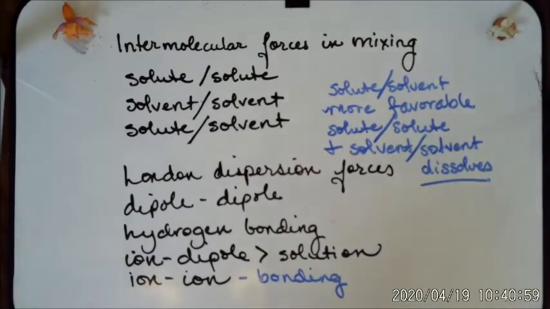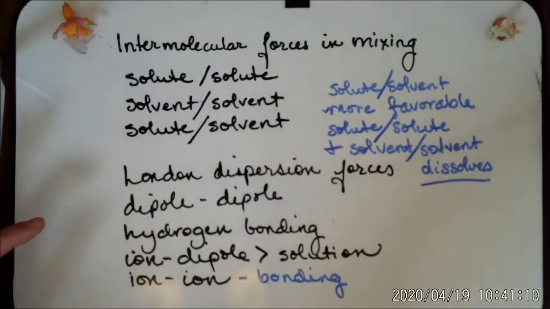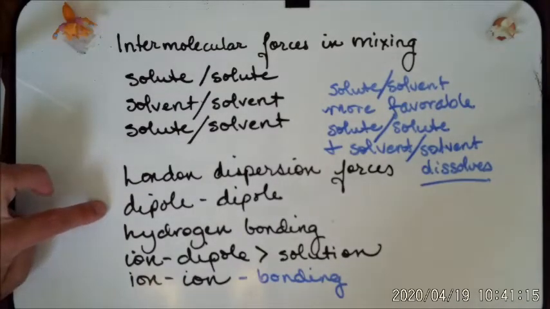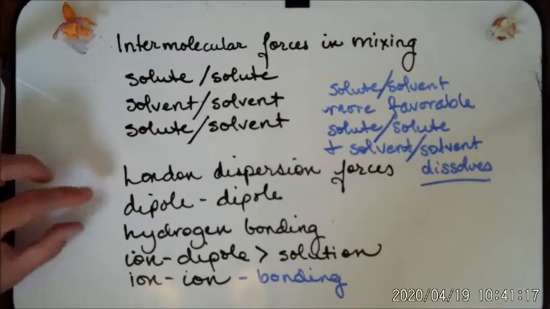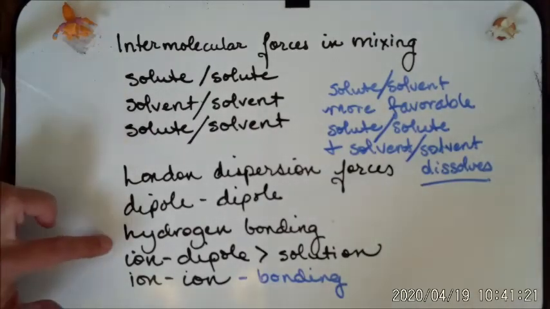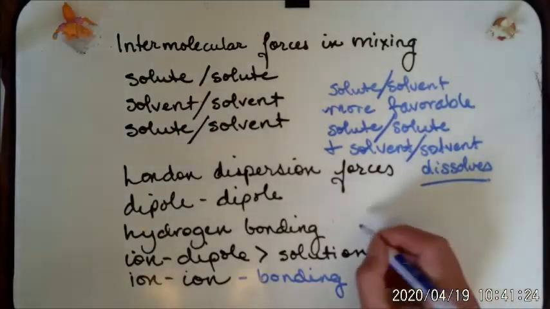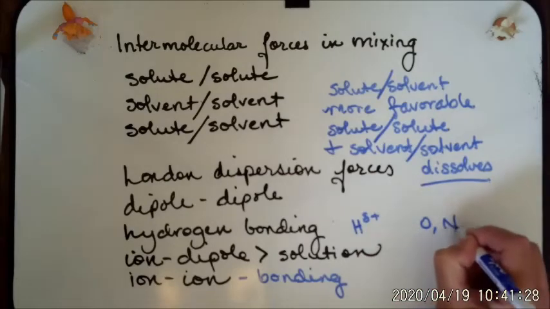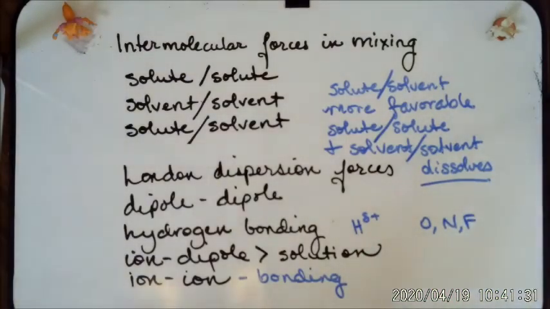So, before we do that, London dispersion, as you know, those are your temporary dipole type of interactions. So these occur for all molecules. Dipole-dipole occurs for polar molecules. So if I have polar molecules, I have London dispersion and dipole-dipole. Hydrogen bonding is for a slightly positive hydrogen bonding to the lone pairs of oxygen, nitrogen, or fluorine.